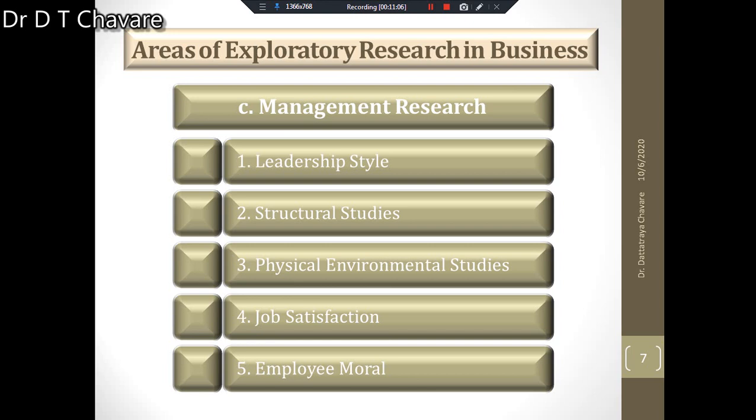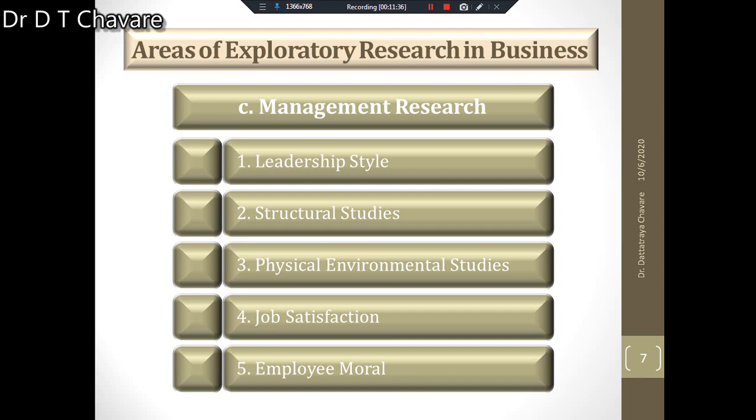Then the next type of managerial research is structural studies. This type of research is also conducted under management research. Then physical environmental studies are also included in management research. Then job satisfaction, a very interesting area. In job satisfaction, you have to understand the employees and the employee morale.